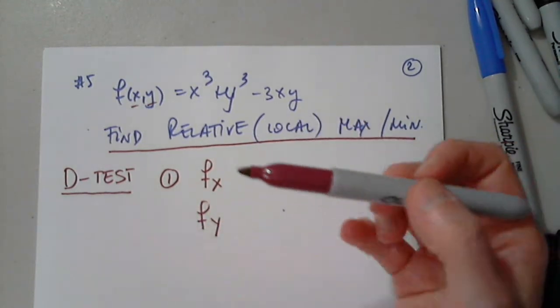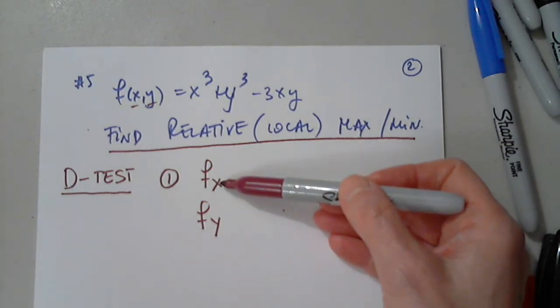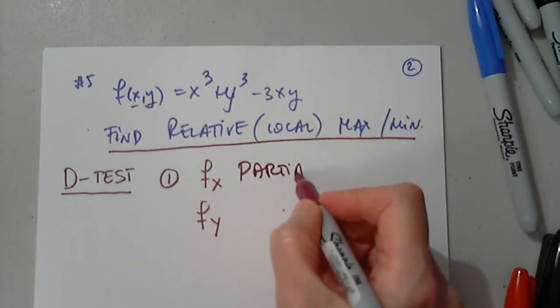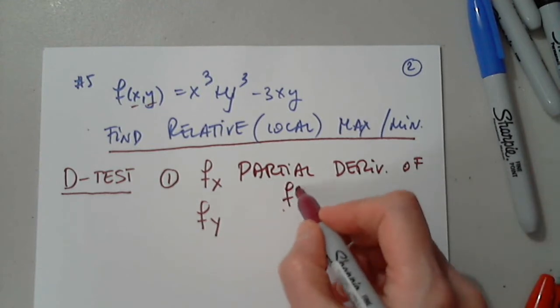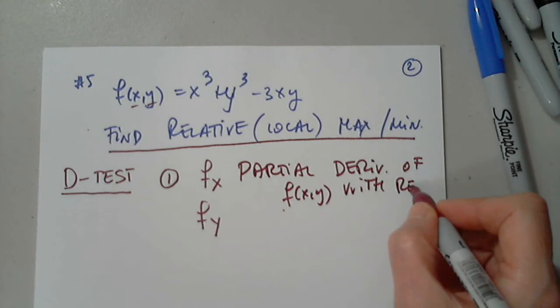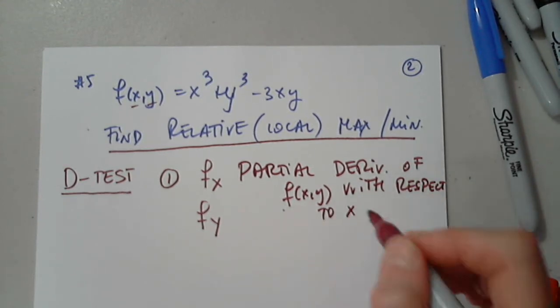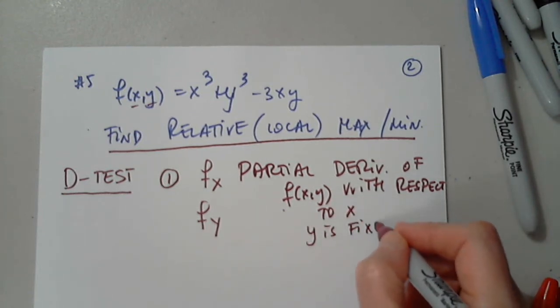Okay, so again, let me refresh your memory on what fx means. This is the partial derivative of f of x y with respect to x, meaning y is fixed.